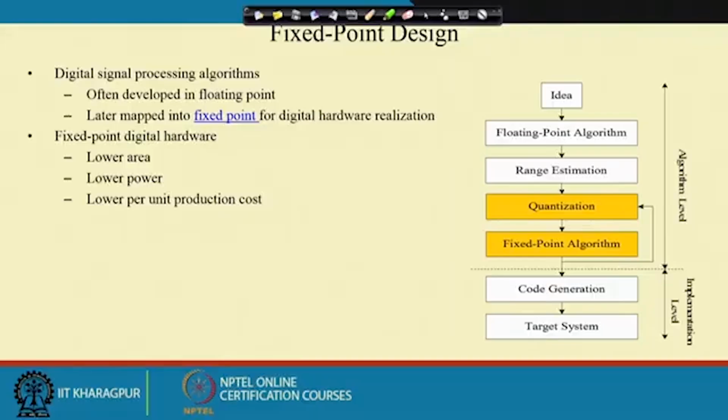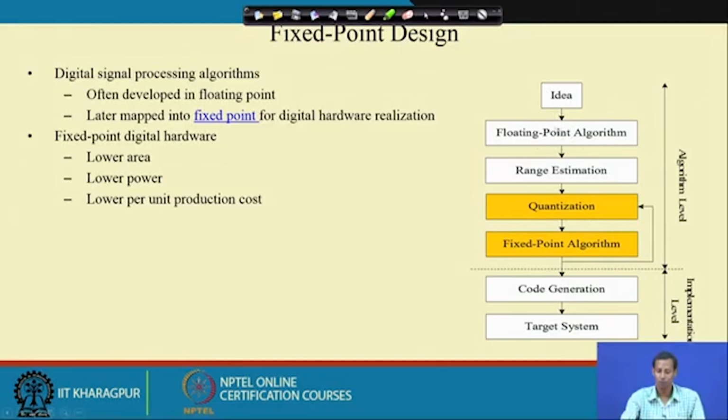Okay. So, now I have to realize that idea in real hardware. Whenever we do that, initially the idea is implemented using algorithms which work in the floating point domain. After that, we calculate the range estimation.